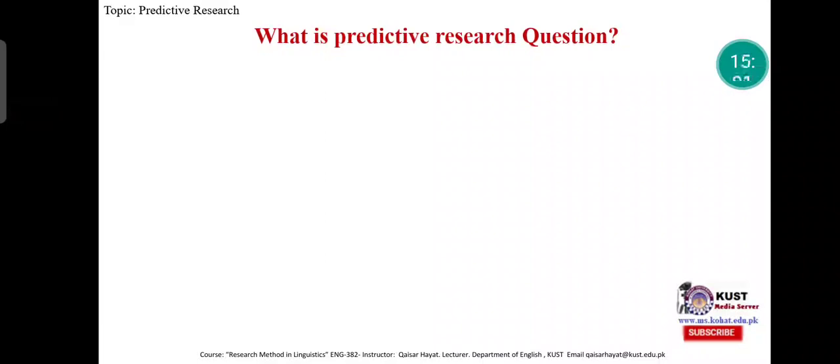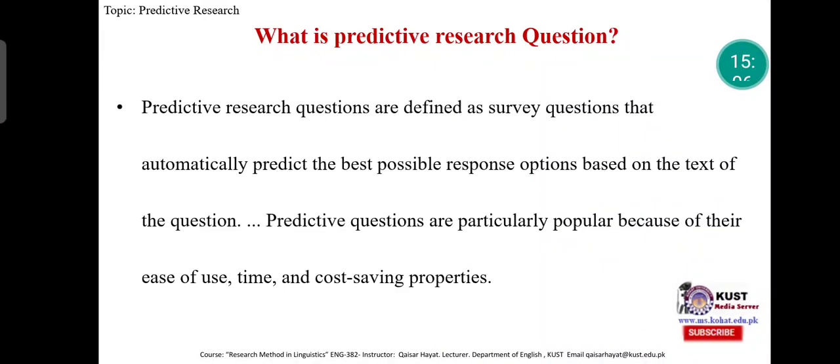So let's see, what are predictive research questions? Predictive research questions are defined as survey questions that automatically predict the best possible response option based on the text of the question. Predictive research questions are particularly popular because of their ease of use, time, and cost saving properties.